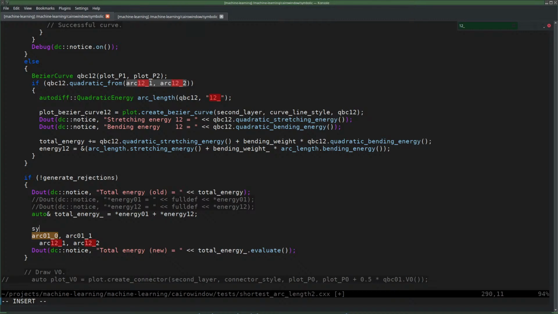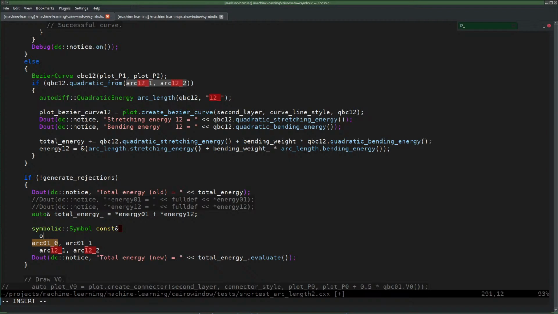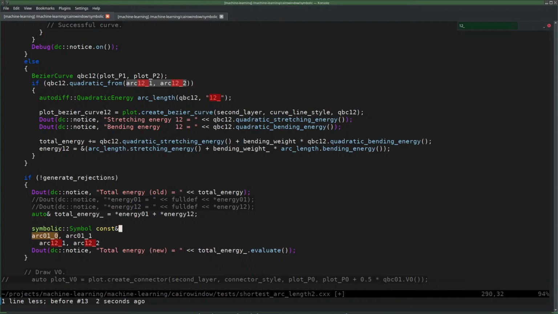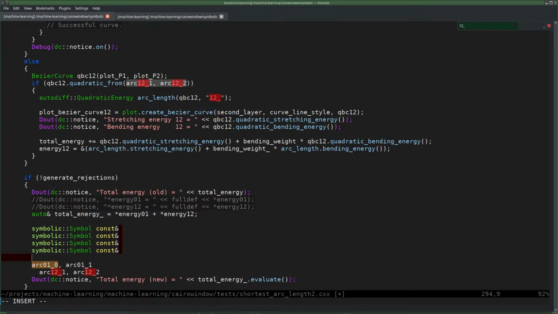I think I can do symbolic symbol, const reference. And then 4 times. And then use the same name as I have inside these things.